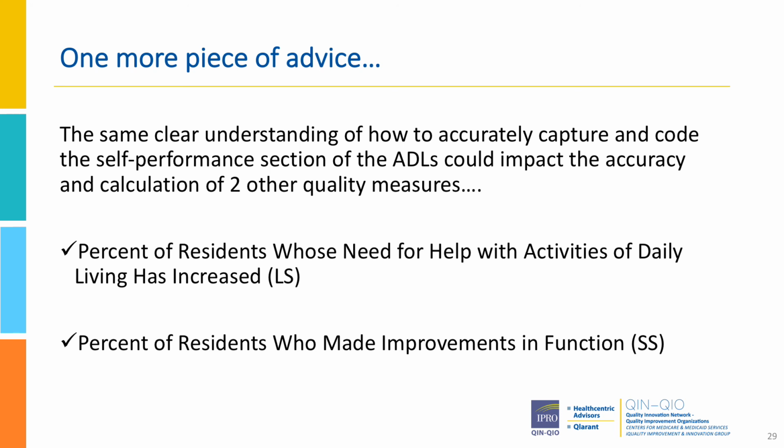If you can make sure that your staff at all levels understand the MDS language specific to the difference between extensive and limited, you may actually be impacting 3 quality measures with that effort, not just 1.